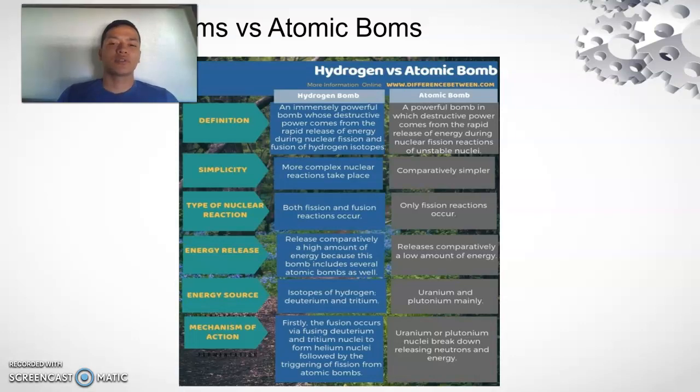The hydrogen bomb is more complex because it requires two types of nuclear reactions, fission and fusion, when the atomic bomb only requires fission. Then, we can see the different types of isotopes that make the bomb, and then the mechanism of each bomb, which is what we were describing just a few seconds ago.